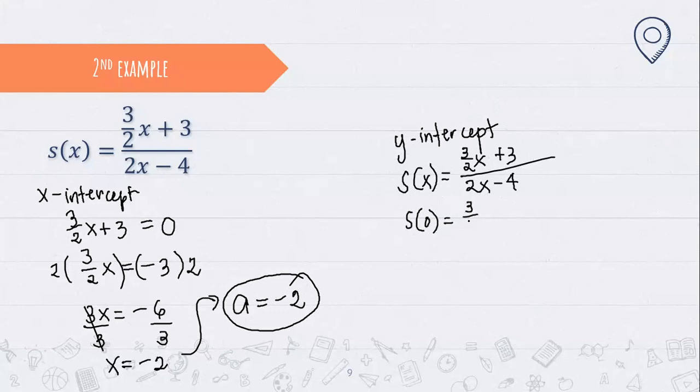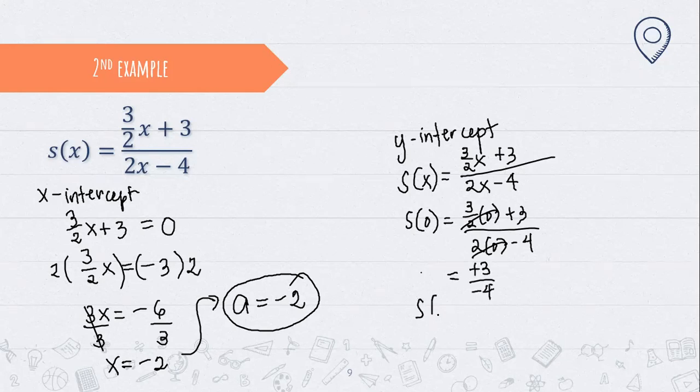So we have 3 over 2 times 0 plus 3 over 2 times 0 minus 4. O, wala na to agad kasi 0 na yan, di ba? So ano yung natira? So we have positive 3 over negative 4. So s of 0 natin is negative 3/4. Therefore, our y-intercept is negative 3/4 or negative 3 over 4.